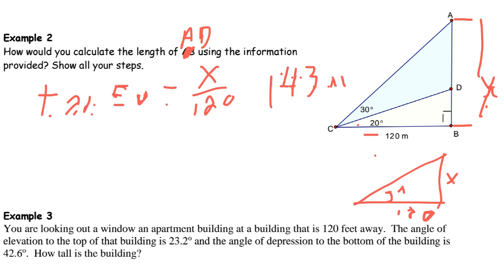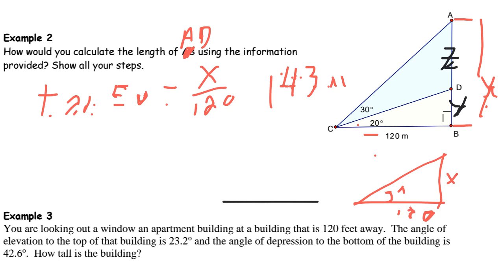That is my whole length, my whole triangle. Now, I want just AD. So I want just this piece. I'm going to call it Z. To get that, I need to have that piece Y. Then I can subtract it away from the X, and that'll end up my piece of Z.